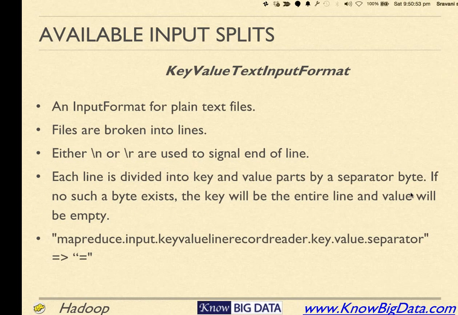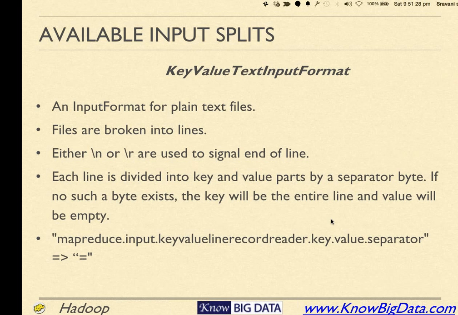Now there is another one, key value text input format. If you are dealing with data that contains a key and a value in each line, then you can use key value text input format. This is the input format for plain text files, where the files are broken into lines by either \n or \r, and each line is divided into key and value by a separator.